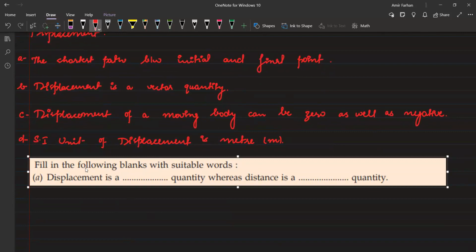One second. Something is missing. Displacement of a moving body. Okay, please write. Done.